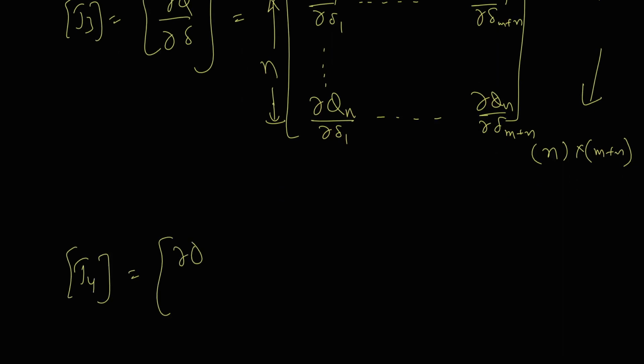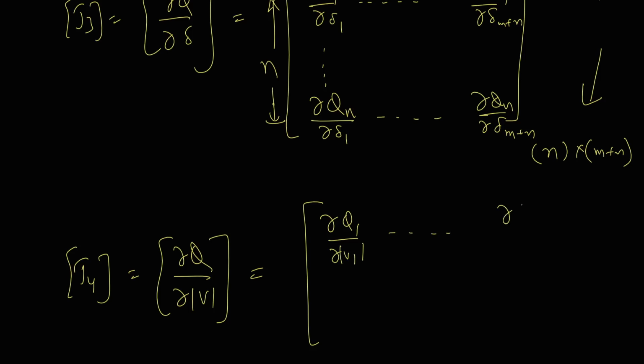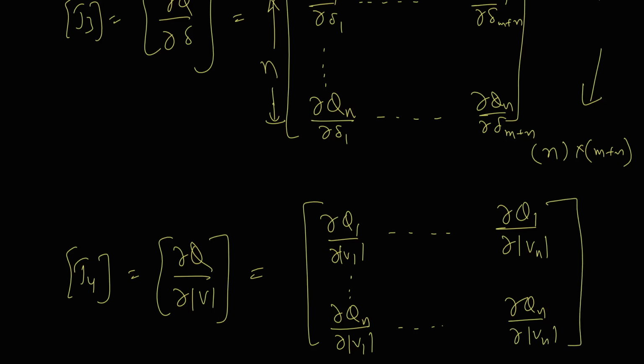And finally, the last submatrix J4 is dou q by dou v. So this is dou q1 by dou v1 to dou q1 by dou v n. The number of v's is only n, and the number of q's is also only n, up to dou q n by dou v1 to dou q n by dou v n. So this matrix is simply n by n.